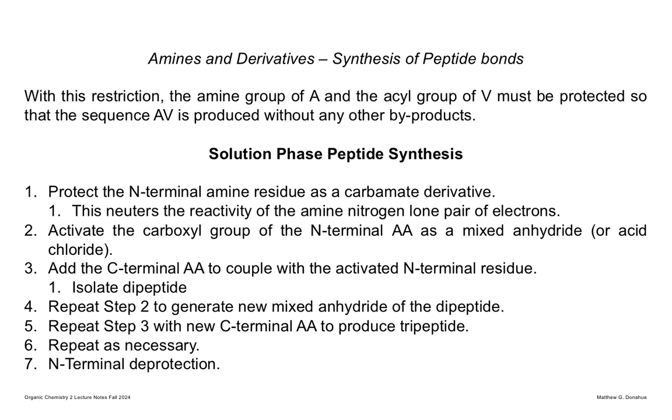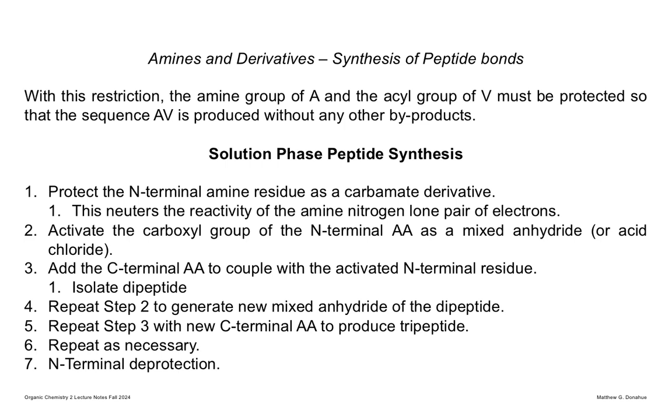So you start from the left, you protect that, and you're building the sequence from the left to the right. So when you protect that, that protects that amine, that frees up the acid portion of that. You're then going to couple on the next residue through the DCC coupling.